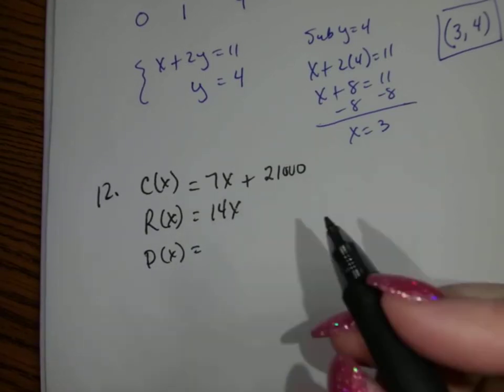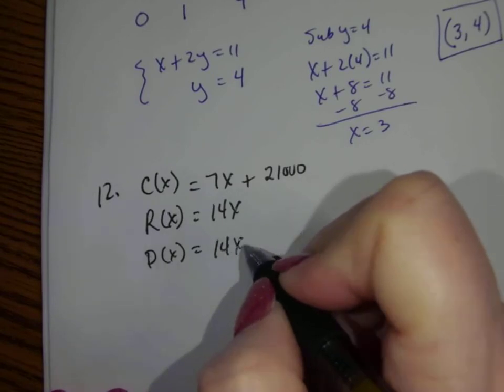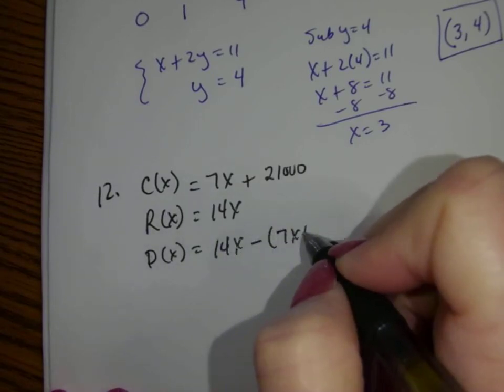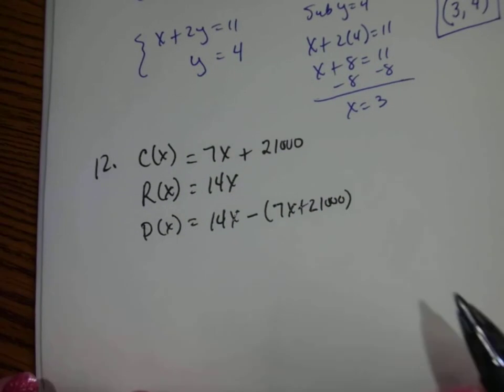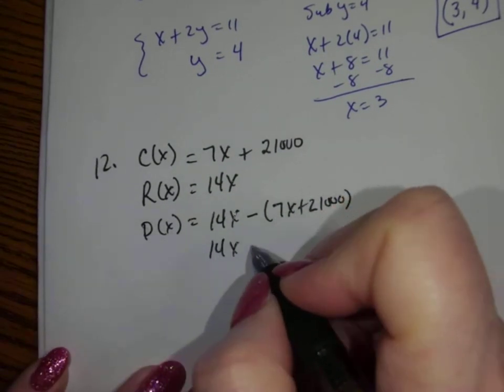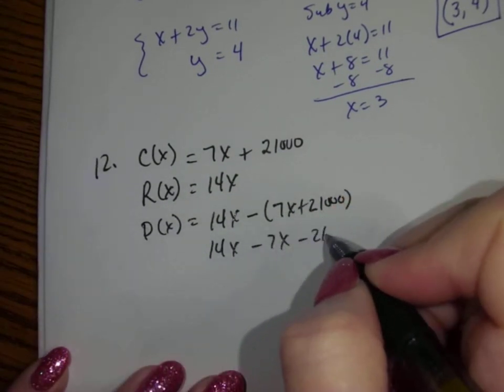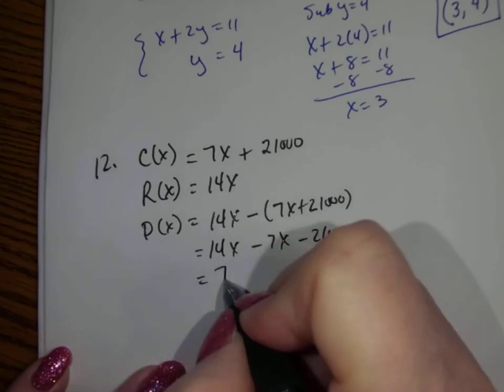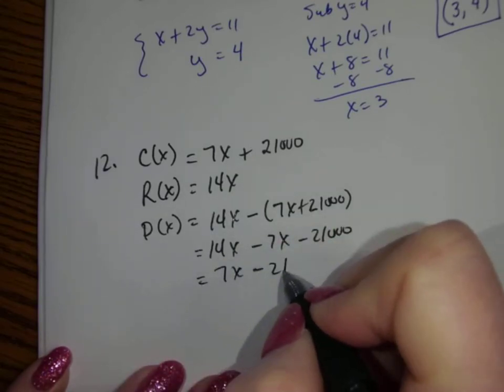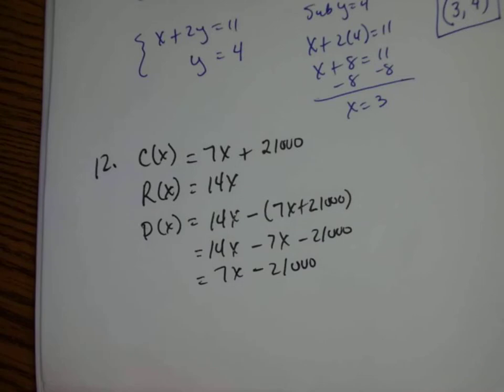So this would be our revenue minus our cost function. So that's 14x minus 7x minus 21,000. So that'll equal 7x minus 21,000.